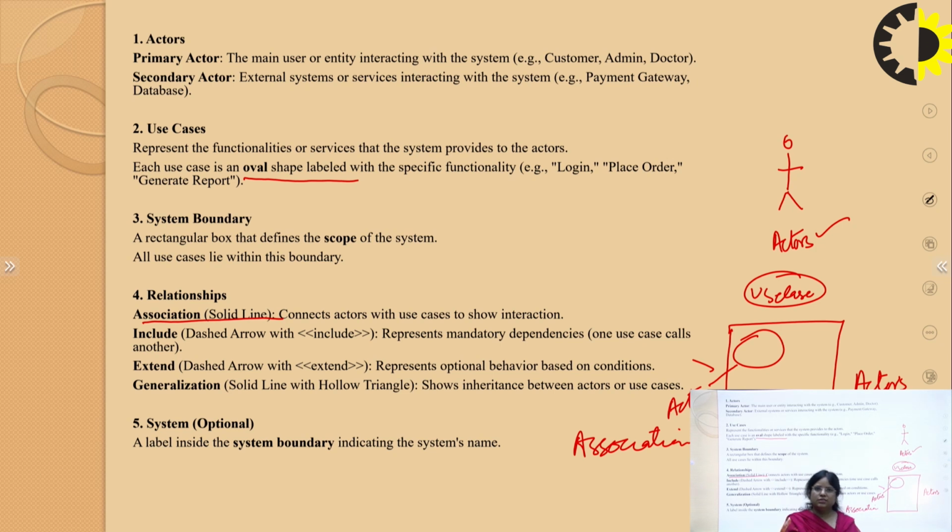The next relationship is extend, and this represents the optional. The next relationships are include and extend. Basically, the include relationship is used for mandatory dependencies, like login.